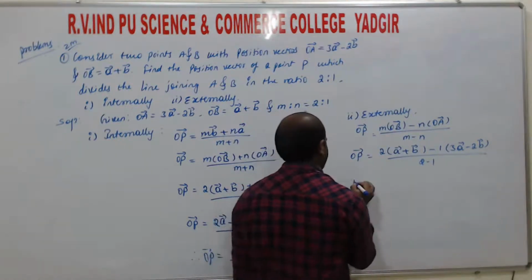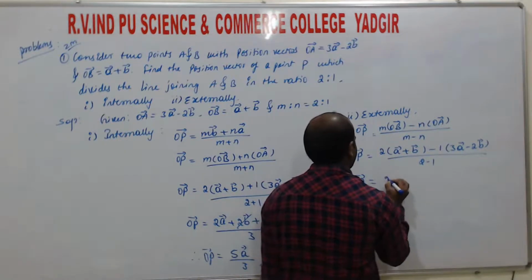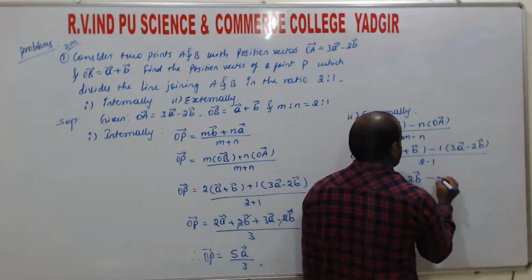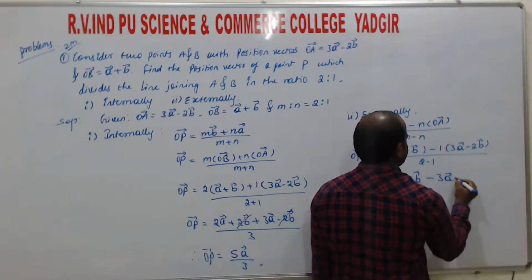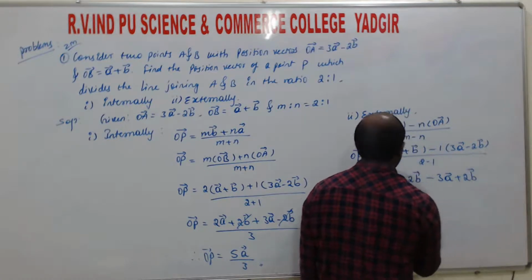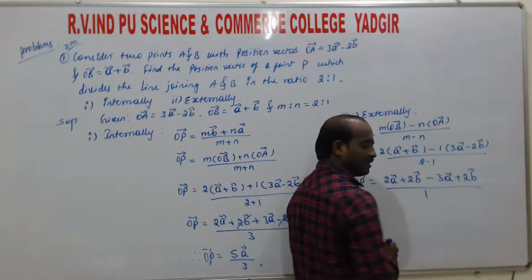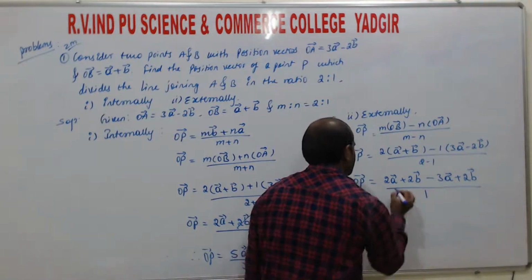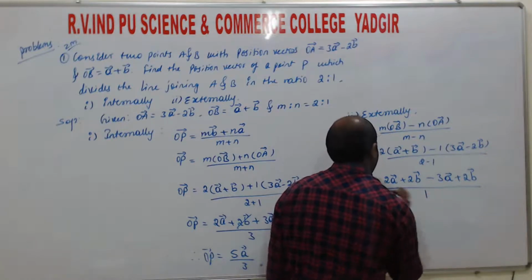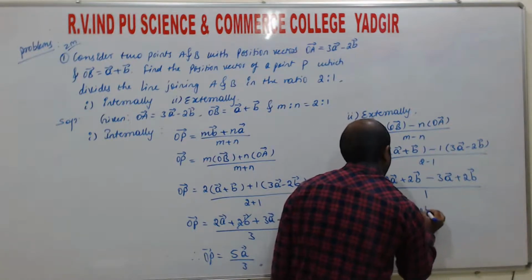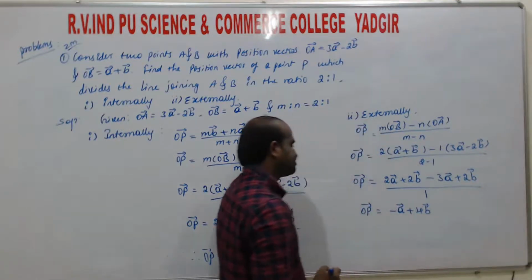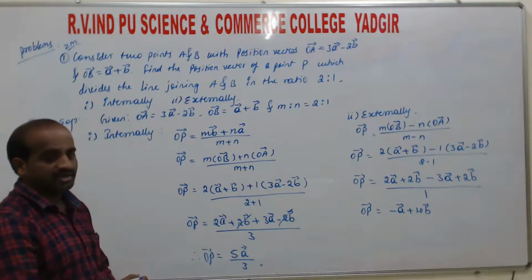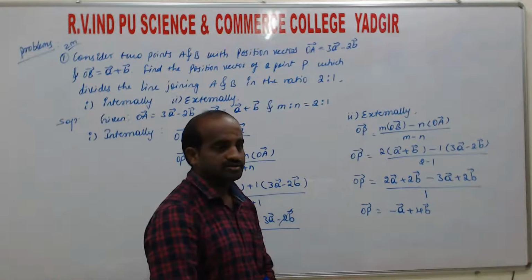OP vector is equal to (2a plus 2b minus 3a plus 2b) divided by 1. 2a minus 3a is minus a, 2b plus 2b is 4b. So OP vector is 4b vector minus a vector. This is external.